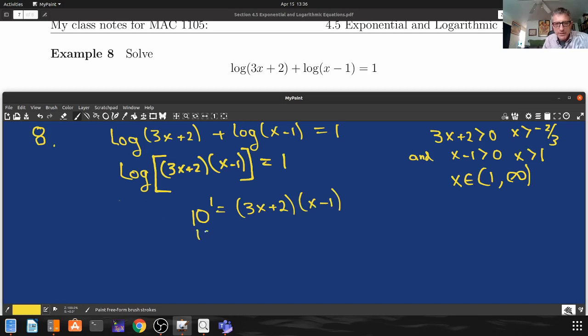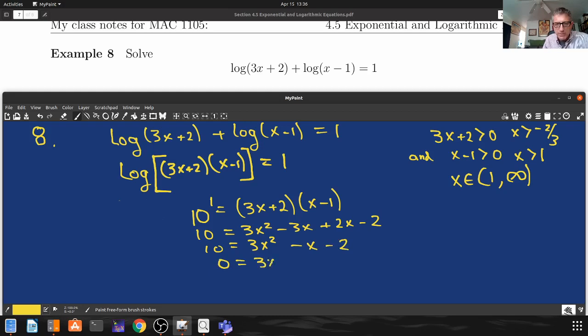So that gives us 10, and let's multiply this out. 3x squared minus 3x plus 2x minus 2. Simplifying, this is 3x squared minus x minus 2. So I'm going to take the 10 to the other side.